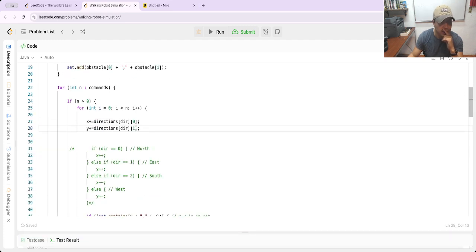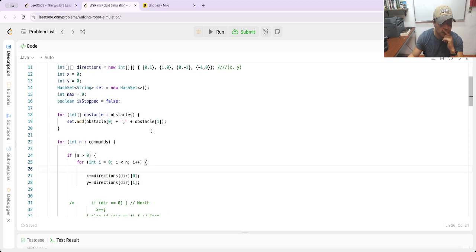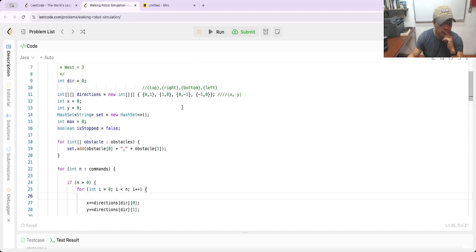Okay. Now here I'm not sure, because for example, if you are walking in the north it works, but what happens when you cross the line?